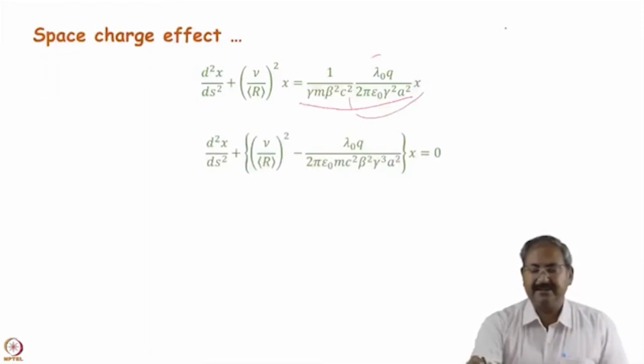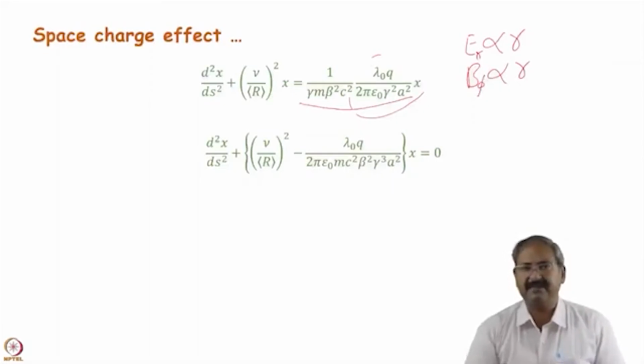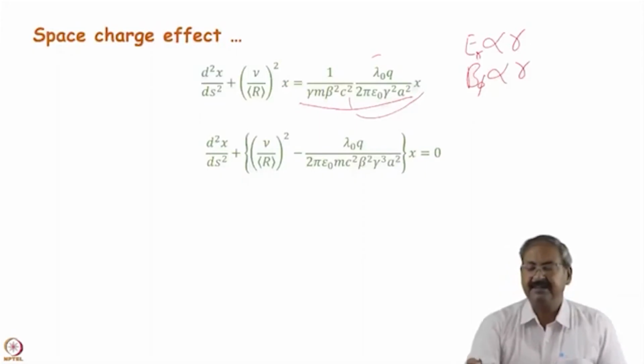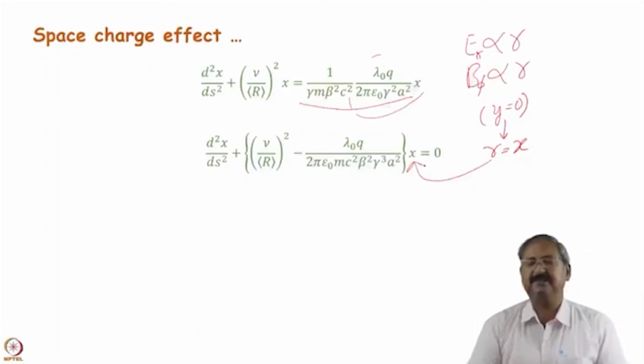Now, the electric field was linearly proportional to r, and the magnetic field was also linearly proportional to r. One was in the radial direction, the other in the phi direction. So the force is in the opposite direction, radially outward for the electric case and radially inward for the magnetic case. Now if we are considering only particles which are on the x-axis, means for y equal to 0, then r is equal to x. So this is at the place of r.